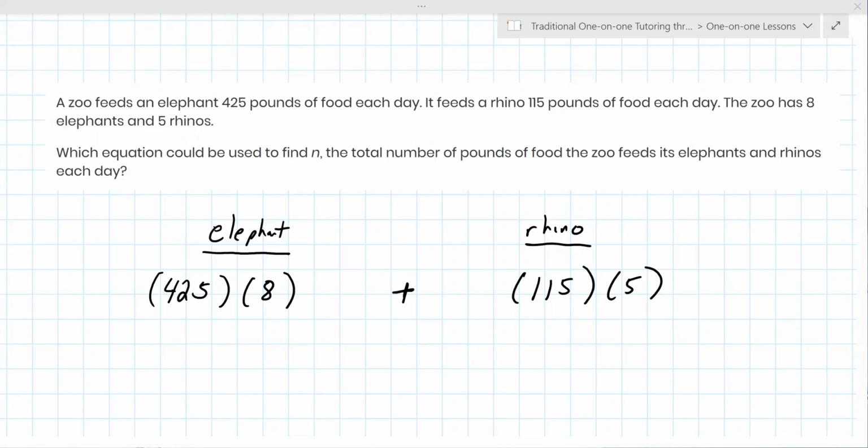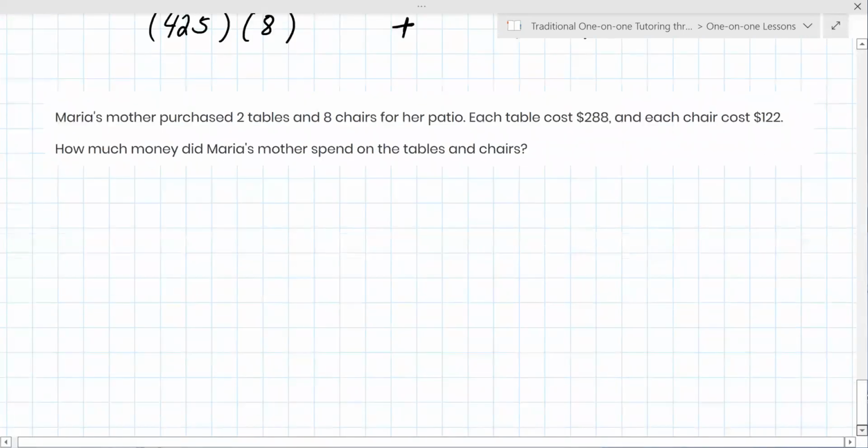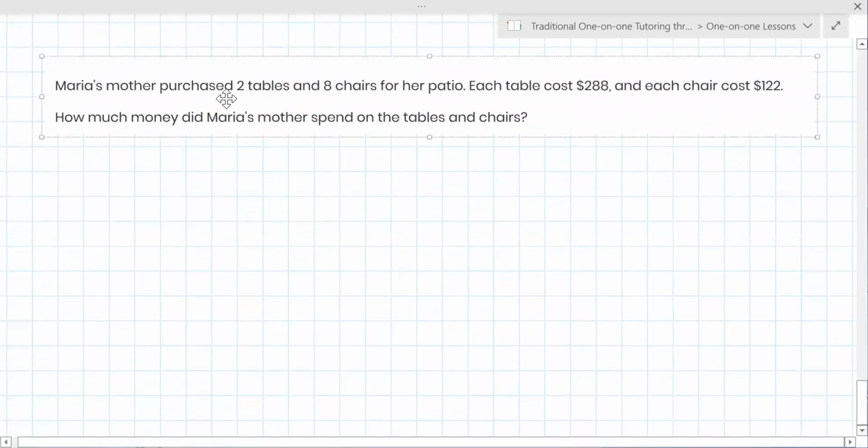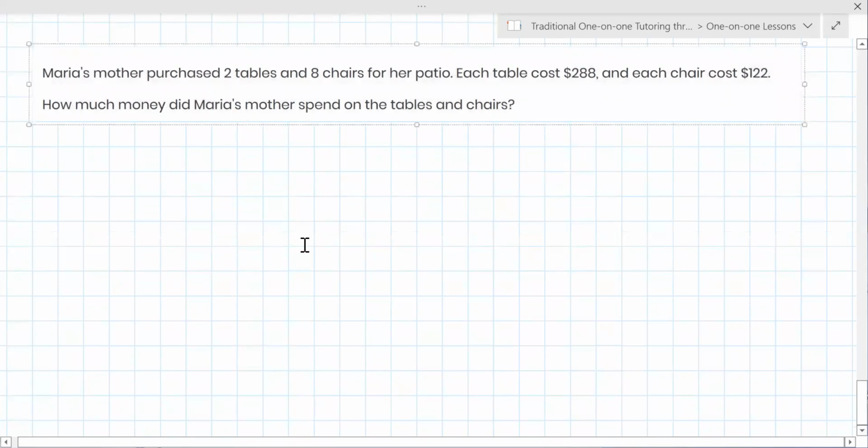Okay, so let's look at another problem here. Maria's mother purchased 2 tables and 8 chairs for her patio. Each table costs $288 and each chair costs $122.